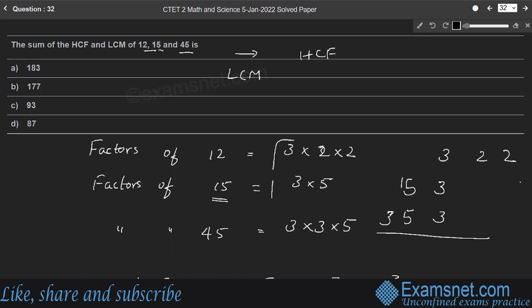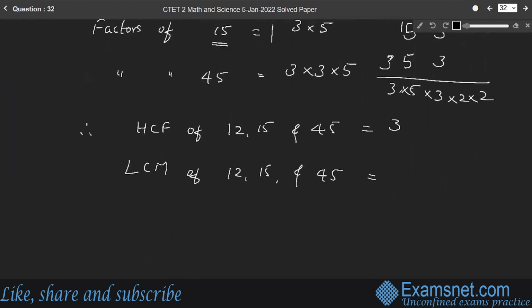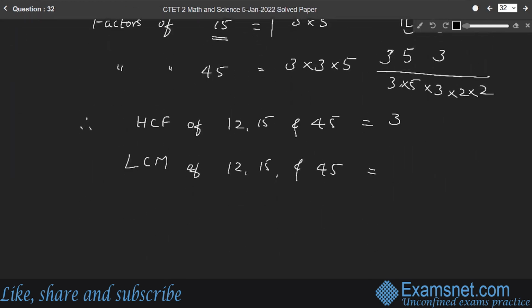So here 3, 5, 3, 2, 2. So 3 into 5 into 3 into 2 into 2. The product is the LCM of 12, 15 and 45. Hence it is 2 into 2 into 3 into 3 into 5. So find the product: 5 3s are 15, 15 3s are 45, 45 2s are 90, 90 2s are 180. Hence the LCM of 12, 15 and 45 is 180.